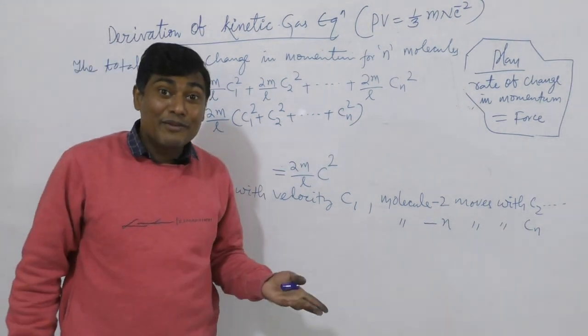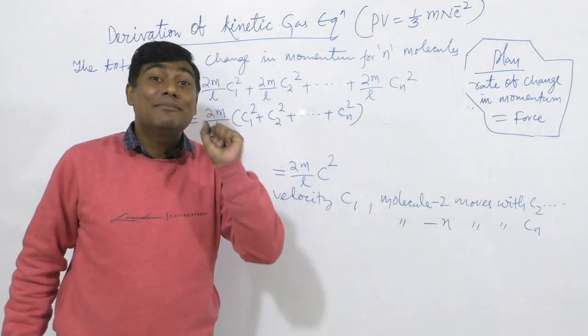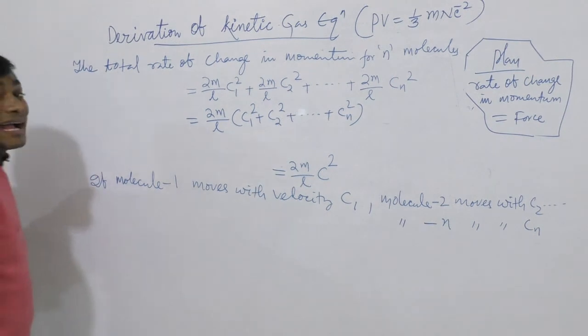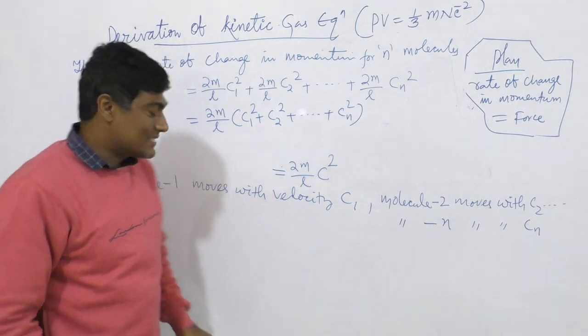Now we will develop it further by dividing and multiplying by a capital N, the Avogadro number, to account for the number of molecules, because we have taken 1 mole of gas.